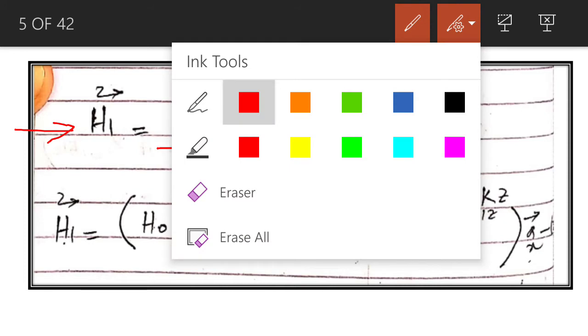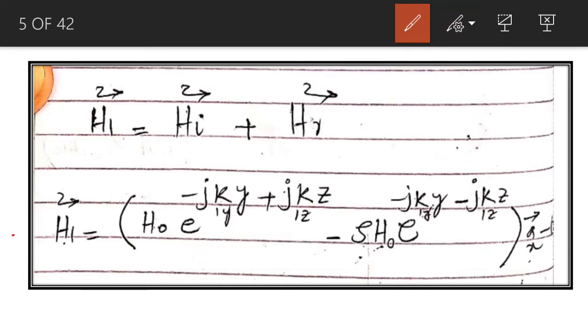So the total magnetic field intensity in medium number 1 will be equal to H naught into e raised to power minus j k1 y y plus j k1 z z minus rho H naught into e raised to power minus j k1 y y minus j k1 z z multiplied by the unit vector Ax.